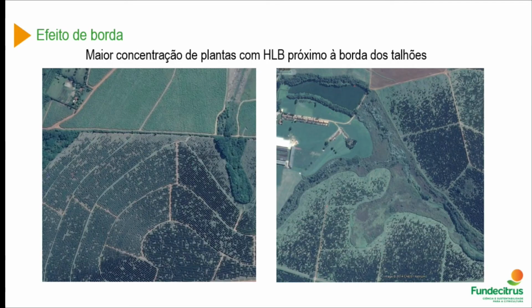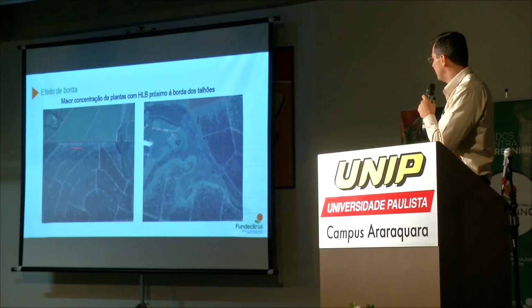In groves where we have a good management of the vector insect, we do not have the disease infection happening in the grove. What we have is the insect coming from outside of the grove, and in that migration from the outside to the inside, it ends up concentrating itself in the outskirts of the farm.